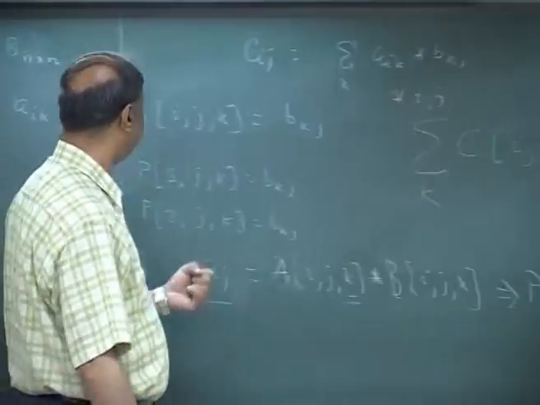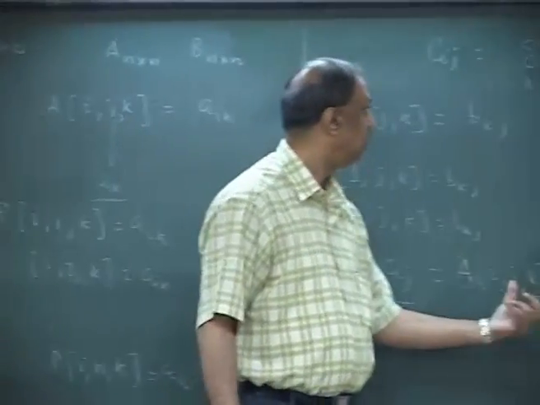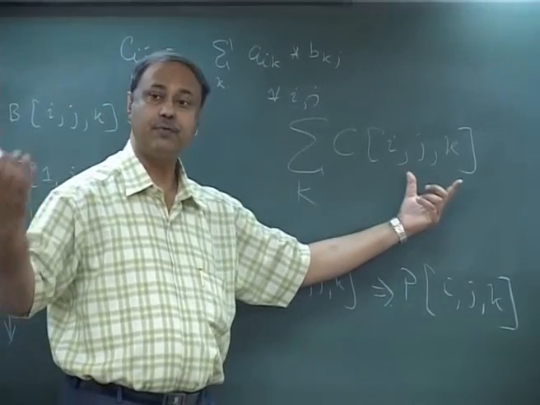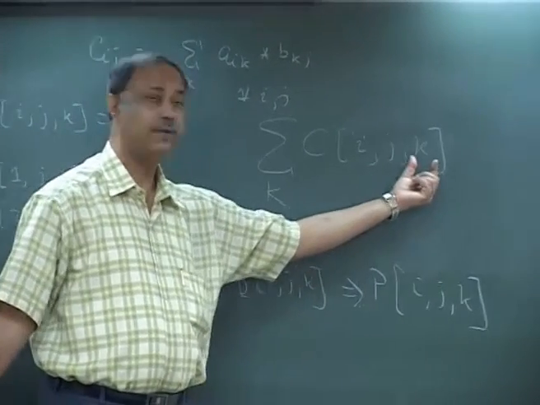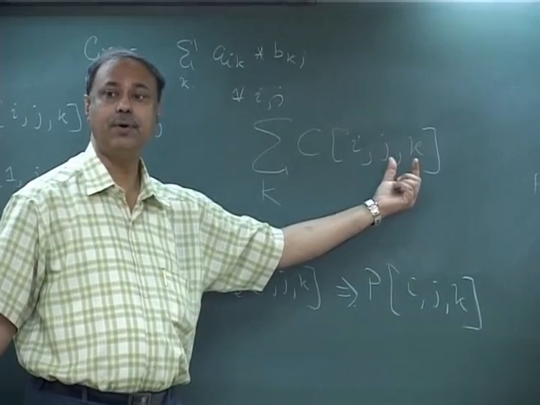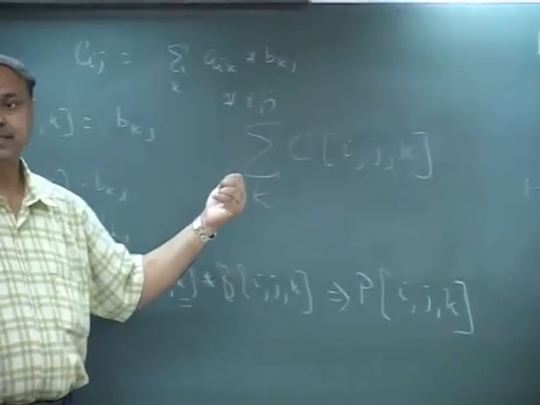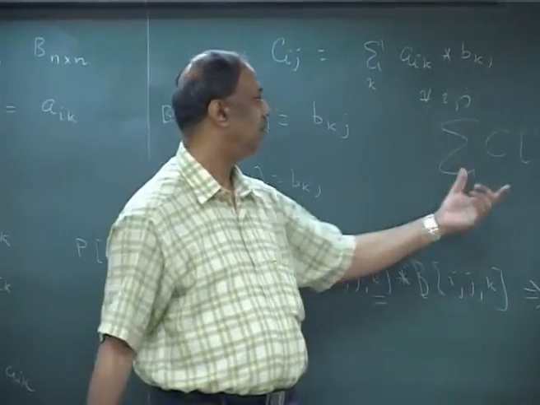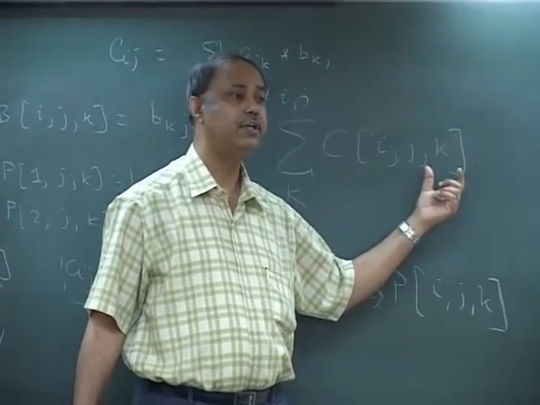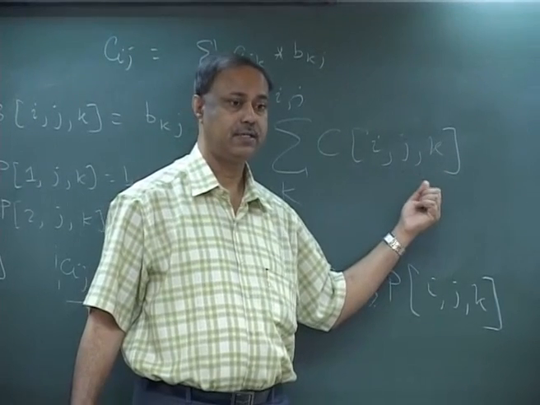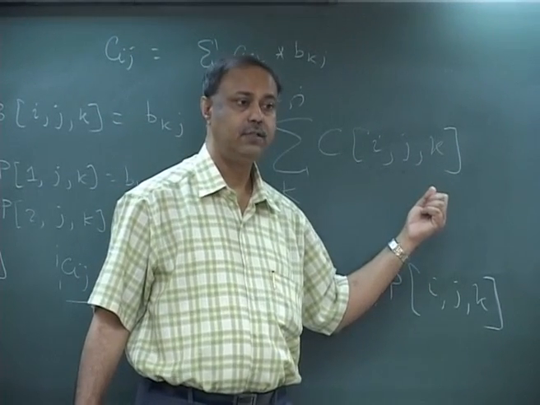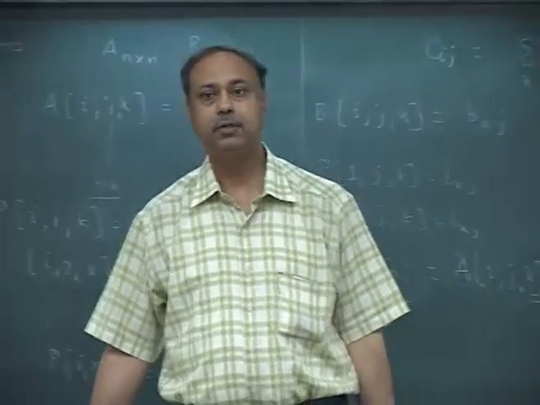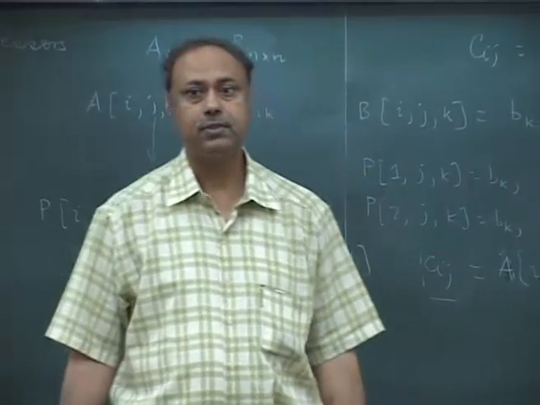Now you have to perform this one. This is again summation over k. So you need q operations to collapse it. Right? In hypercube, the question of collapsing is coming. So for this summation you need only q operations to collapse it. Agreed? So the whole thing can be done in q steps. Right?